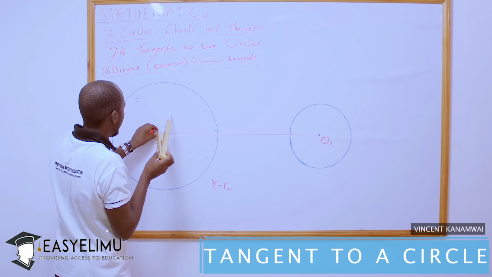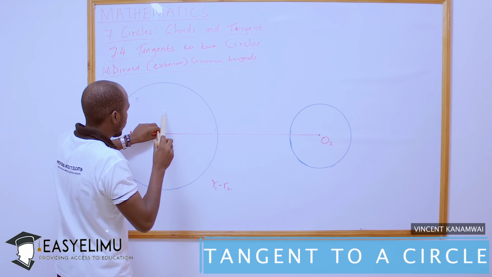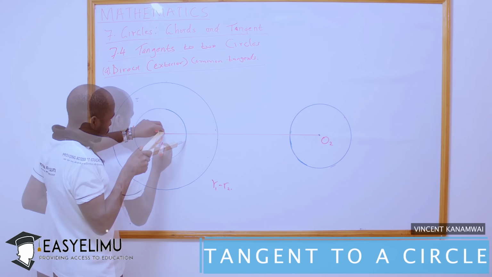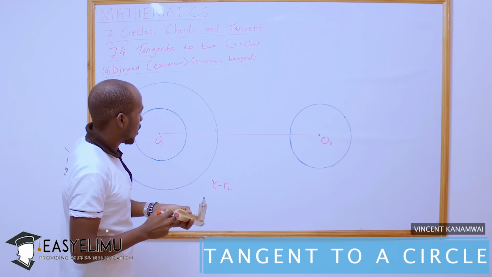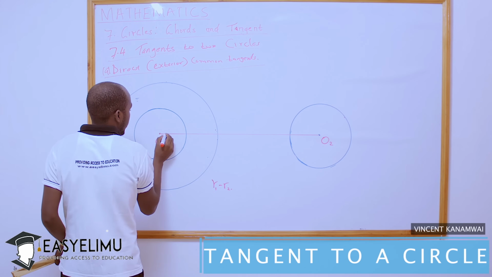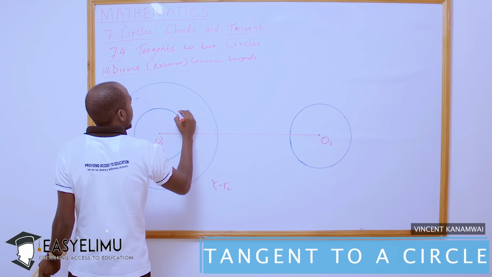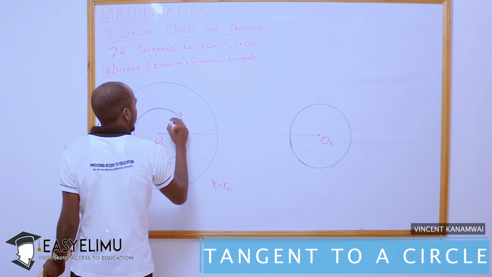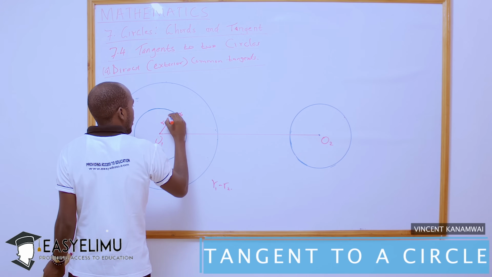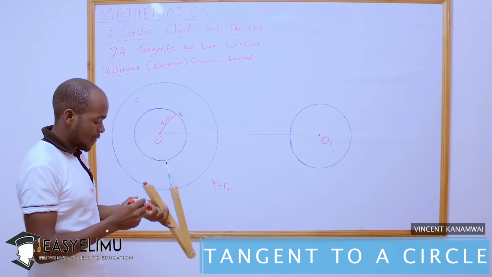So having that, with this as the center, construct that circle here. Now this circle here is of radius R1, so from here to here is R1 minus R2. That's the radius of that circle.